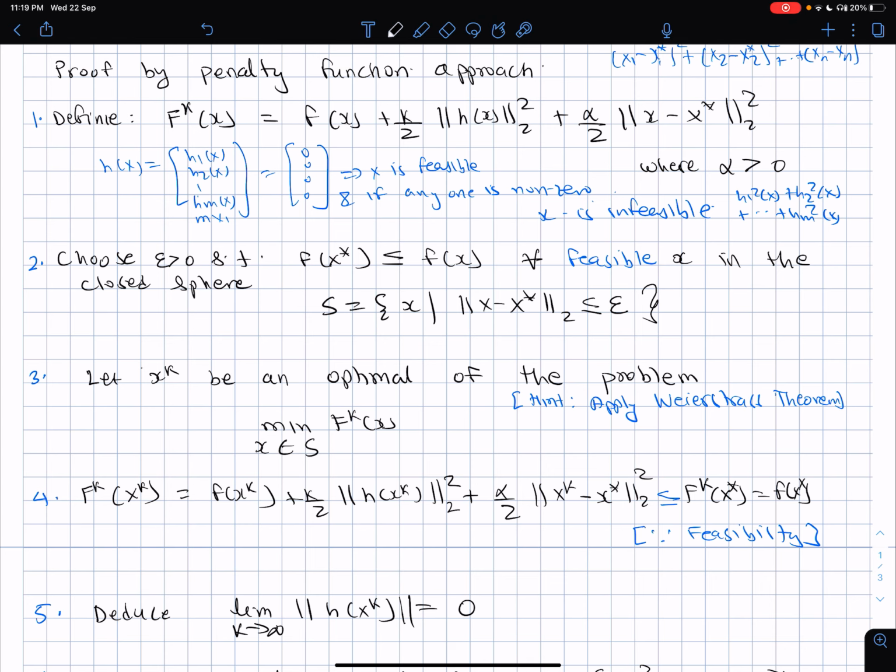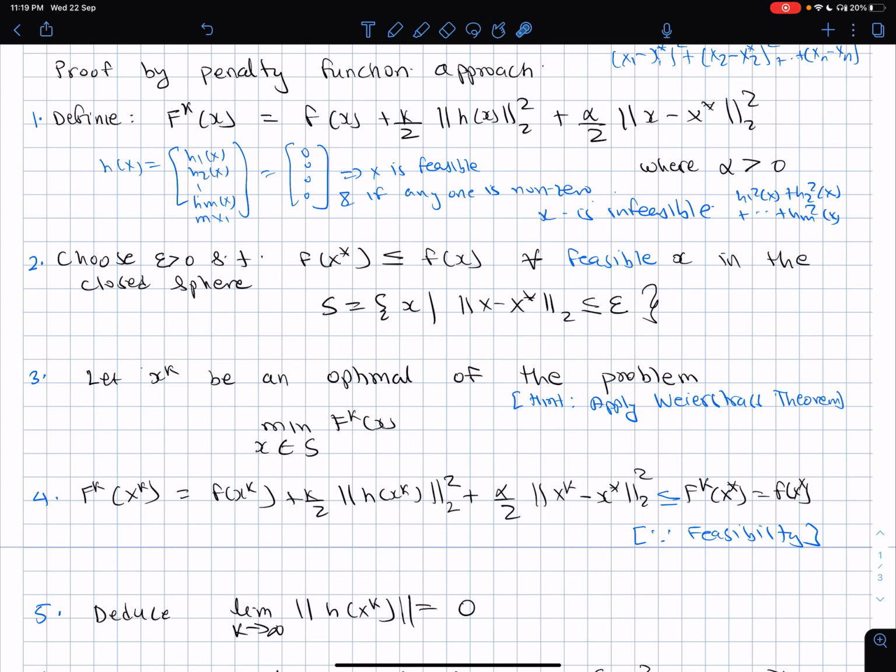And why have I put the word feasible in blue here? If you look at this neighborhood, it contains both feasible points and infeasible points.